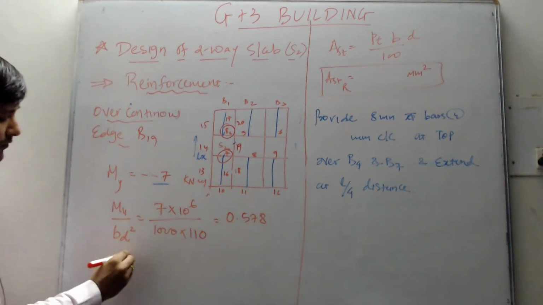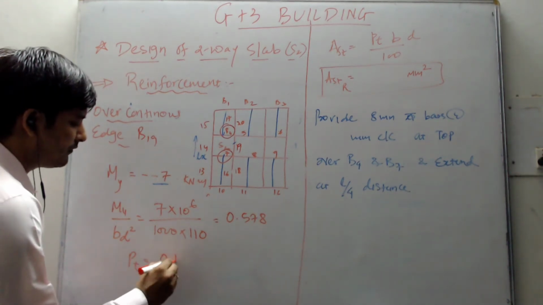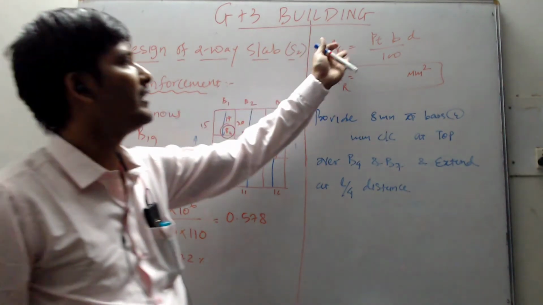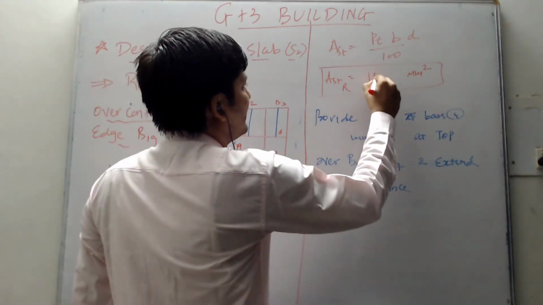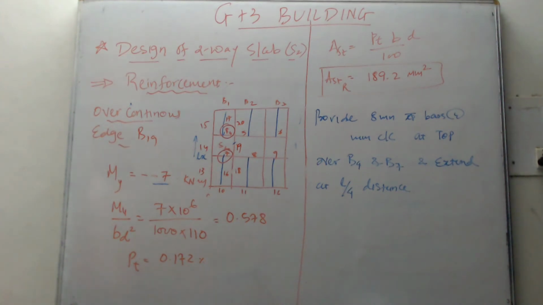Again, go to SP16, page number 48, table number 2, find out Pt value. I am getting this Pt value as 0.172. Use this formula to calculate Ast required. I am getting my Ast required as 189.2 mm square. Again, we need to go to SP16, table number 96.